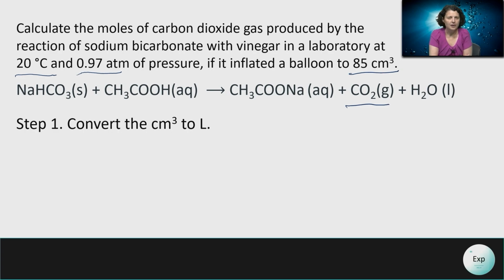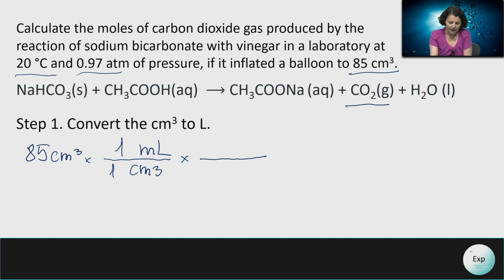In the first step, we ensure that our volume is in the appropriate units. If we have 85 cubic centimeters, then first we recognize that cubic centimeters are the same as milliliters. 1 cubic centimeter is the same as 1 milliliter. And then we convert from milliliters to liters, and we say 1 milliliter is the same as 10 to the negative third liters, giving us our volume in liters as 0.085.